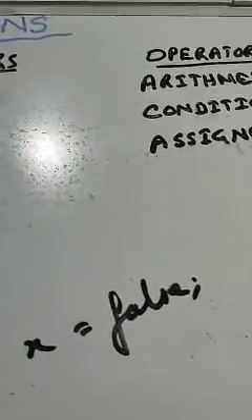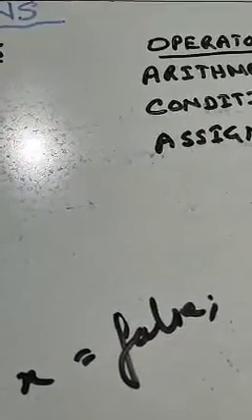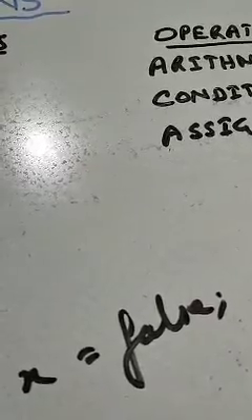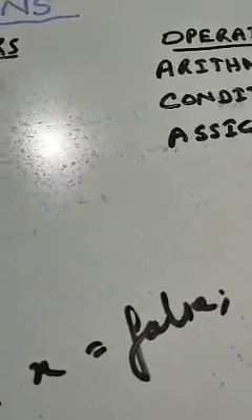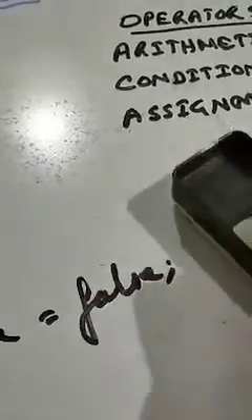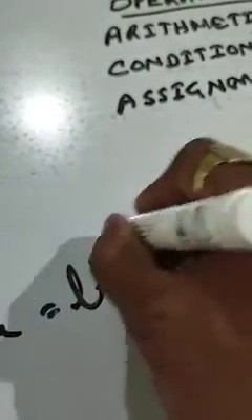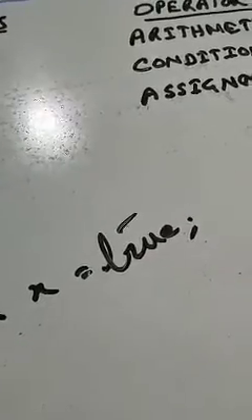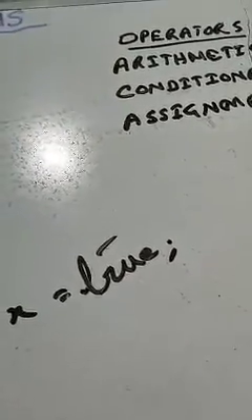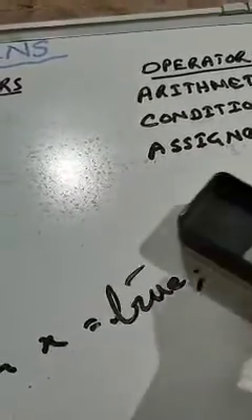Remember, whenever you write false or true, it should be written in lower case, not in upper case. You can write true, you can write false. This is an example of Boolean.